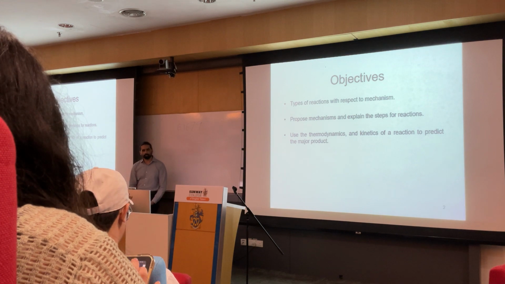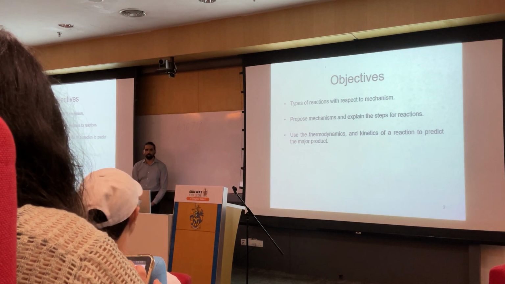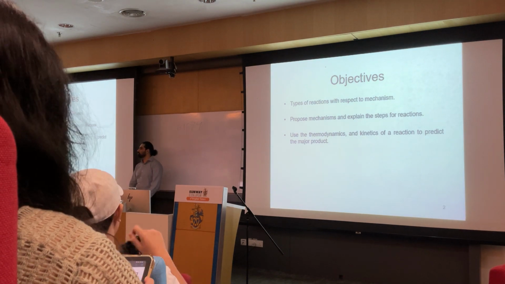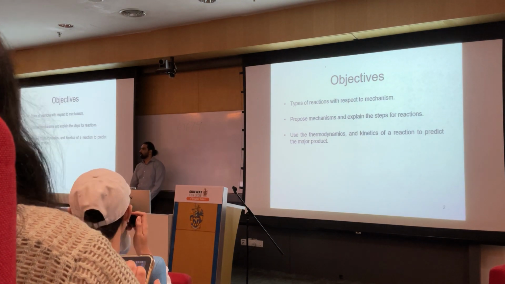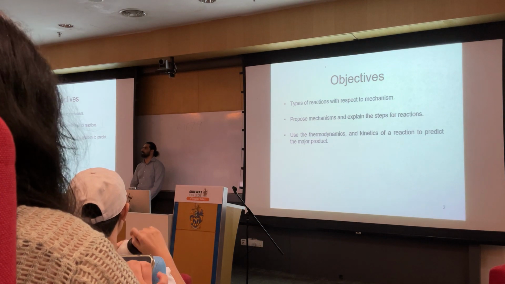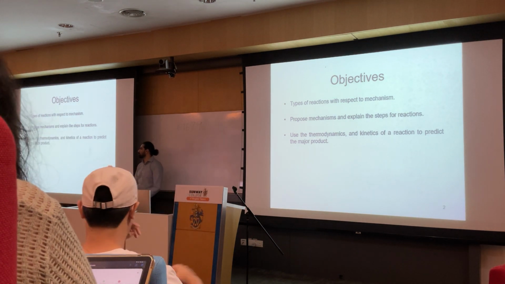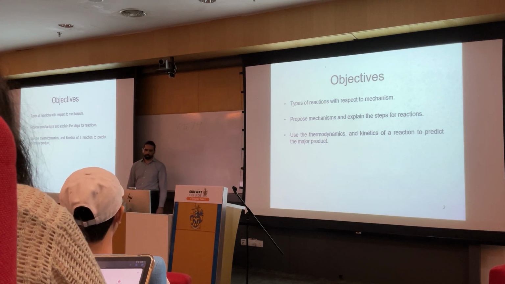The learning objectives in this chapter will be to be able to identify different types of reactions. When we say different types of reactions, that would mean different types of mechanisms, because the progress of a reaction is studied by its mechanism.